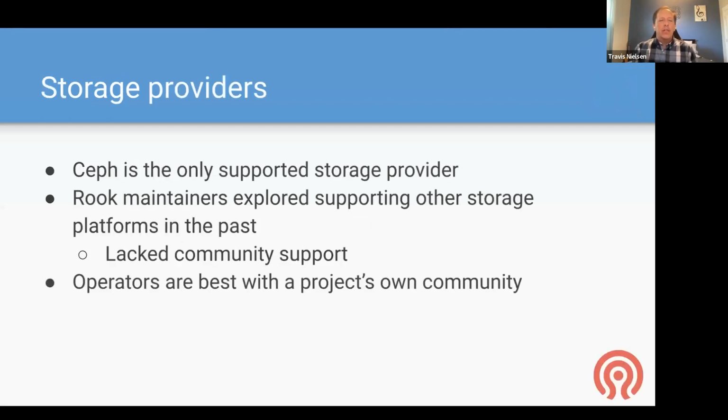Just a note about storage providers. Currently Ceph is the only supported storage provider. Early in the Rook project, we were looking at other platforms and whether it would make sense to have Rook be a common place where different storage platforms came and contributed and created their operator with the Rook project. Kind of like the operator SDK model is what we were looking at.